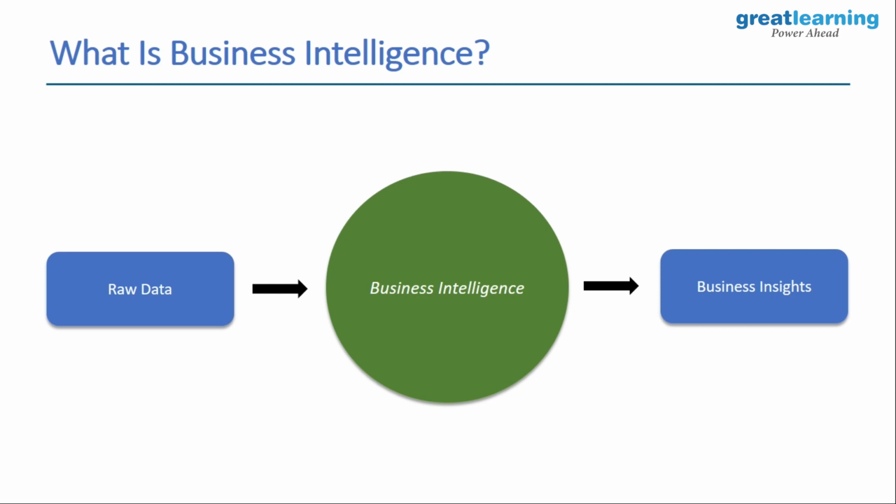Now, when you talk about raw data and when you talk about businesses, say for example, we are talking about enterprise-wide data. Now, this can be a huge amount of data, right? And you're talking about data centers' load of data, right? So when you talk about this amount of data, it's not always feasible for you to just go through the data.